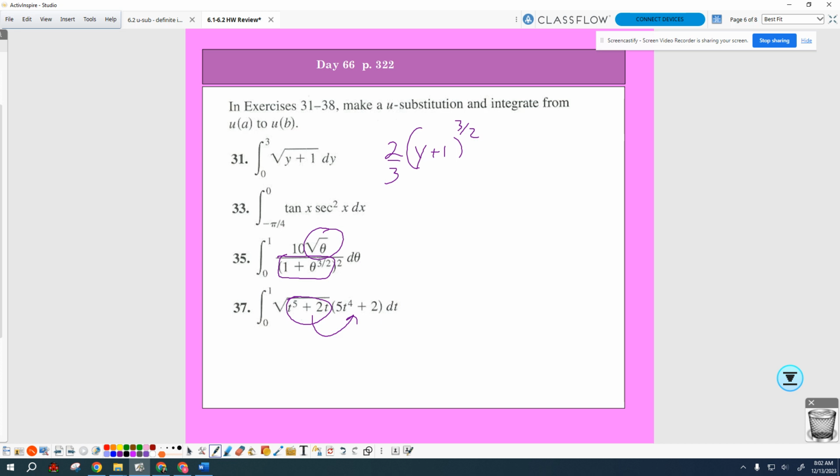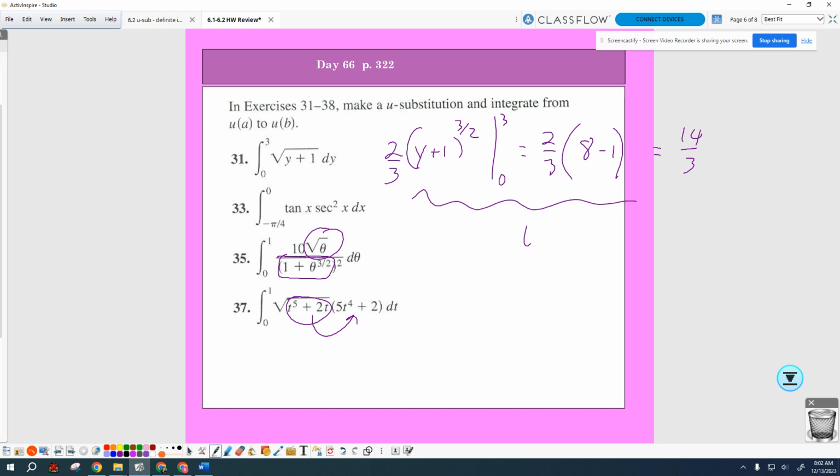Okay, so there, I divided by the derivative of the stuff inside, and now I'm gonna evaluate from 0 to 3. So it's 2/3, plug in the 3. 3 plus 1 is 4, square root of 4 is 2, 2 cubed is 8, minus, plug in the 0. Something like that.